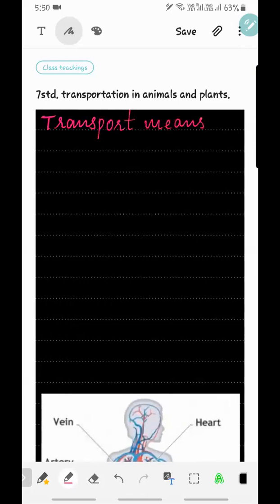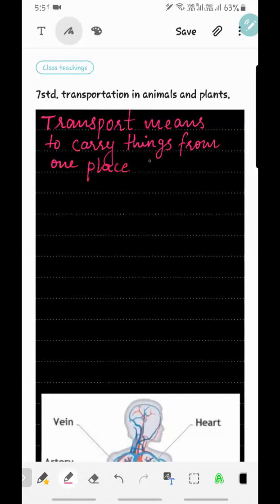Transport means one place to another. Is the color visible to you all? Okay, so this is the meaning of transport.